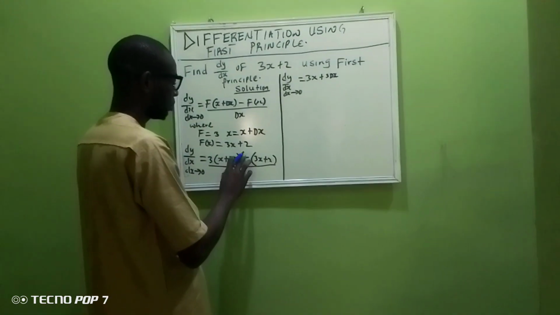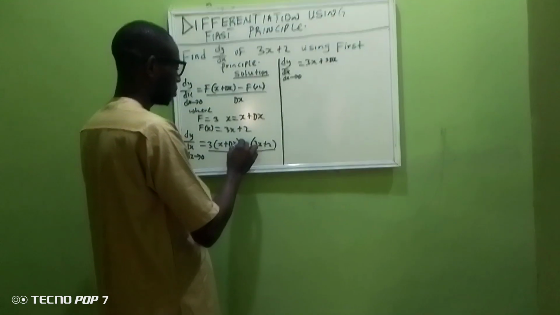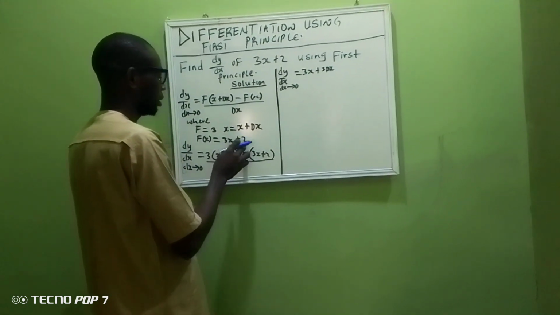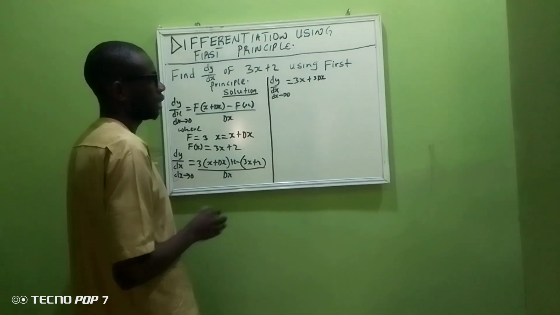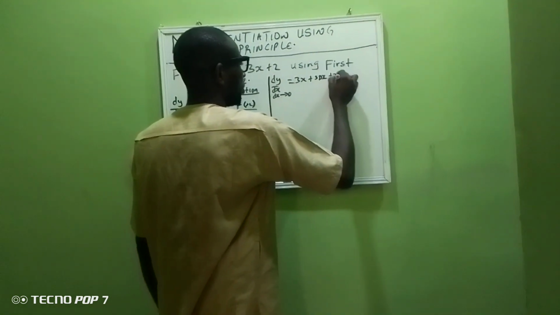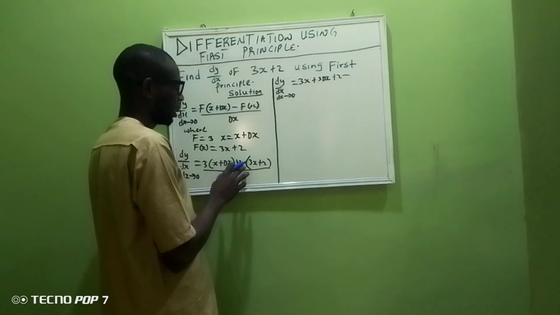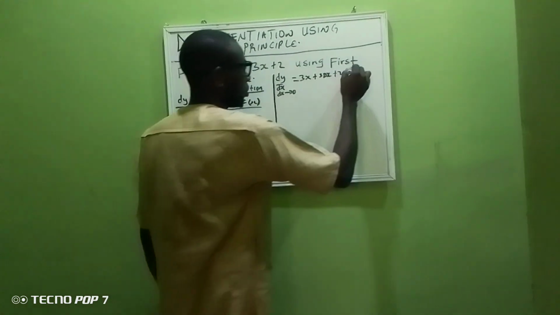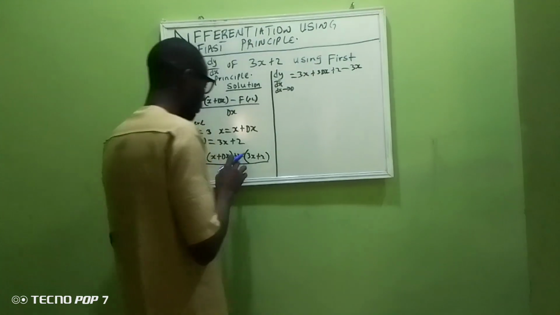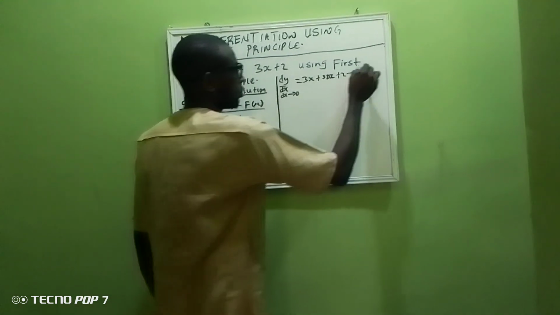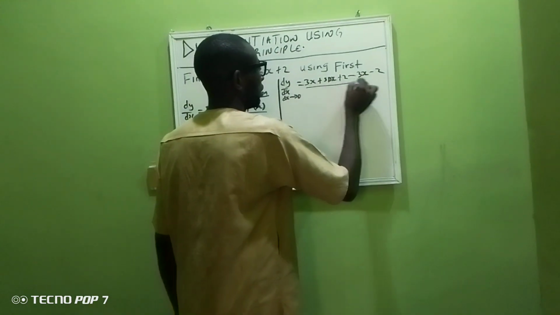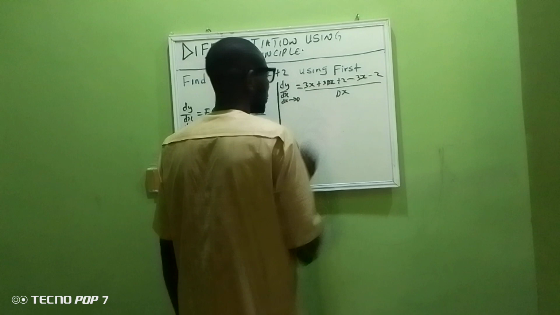Then there's one thing we forget. We are supposed to add this plus 2 here. This is the function, because if it's not carrying x, we now have plus 2. Then we use this minus to open the bracket. Minus times 3x will give us minus 3x, and minus times plus 2 will give us minus 2, then all over δx.